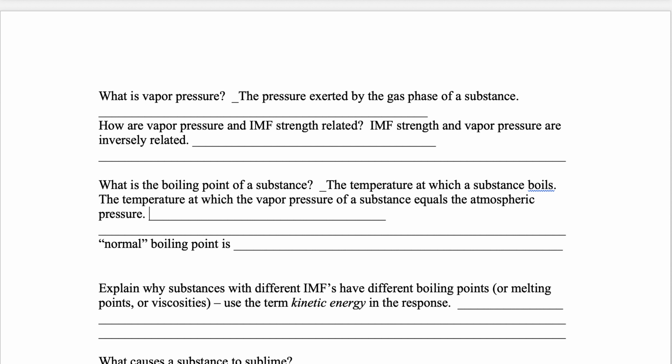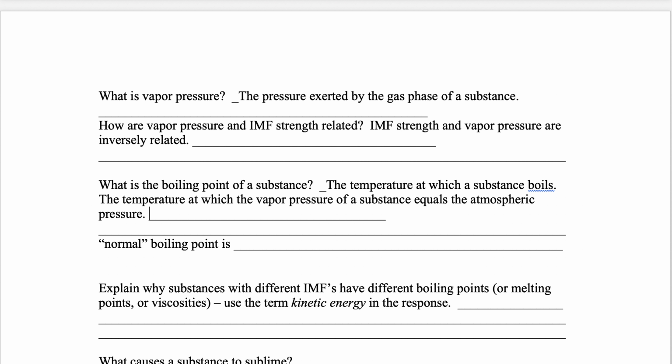What's preventing the substance, at least in part, from evaporating virtually immediately is the atmosphere pushing down on the surface of that water that's in the beaker. So when the vapor pressure of the substance is equal to the pressure that's pushing down on the liquid, then at that point, the substance, in this case water, will turn into a gas right down in the body of the liquid.